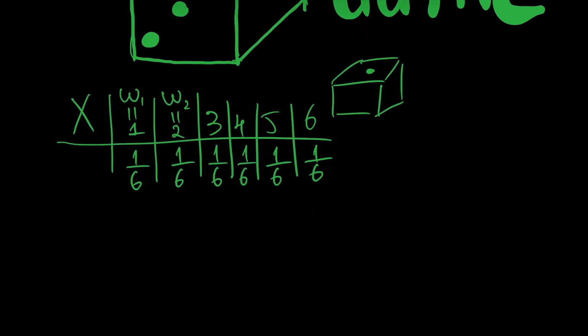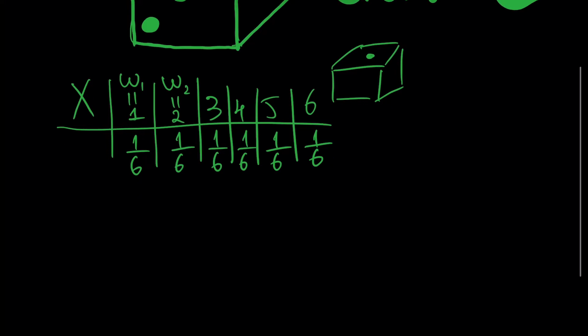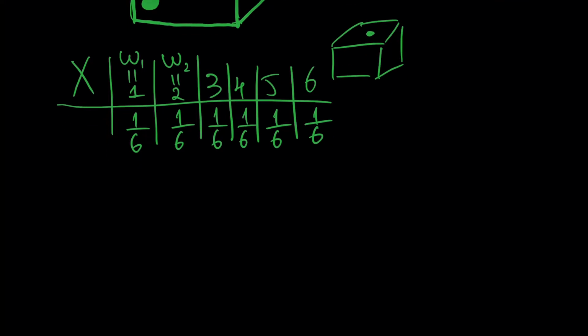When we want to calculate the expected value of the number of dots that we have here, the expected value of a random variable is denoted as E, from expectation.